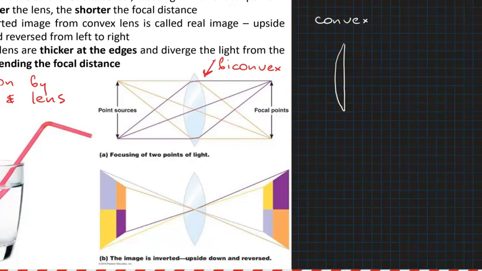One side is flat, another side is not. The alternative to this is concave. So concave lens. One side is flat, and another side is turned inwards. Okay? That will become important when we're going to talk about farsightedness and nearsightedness.